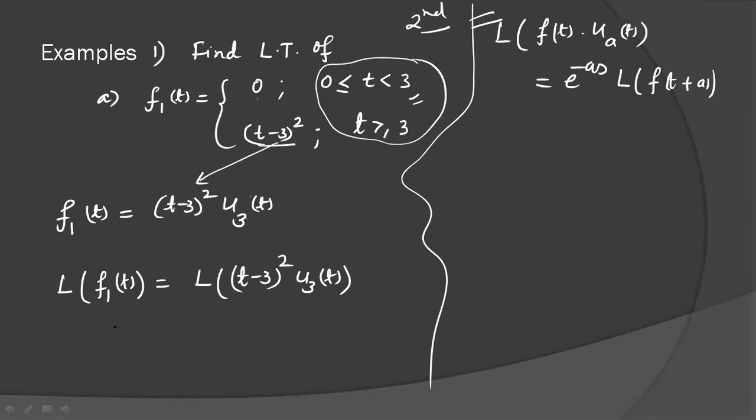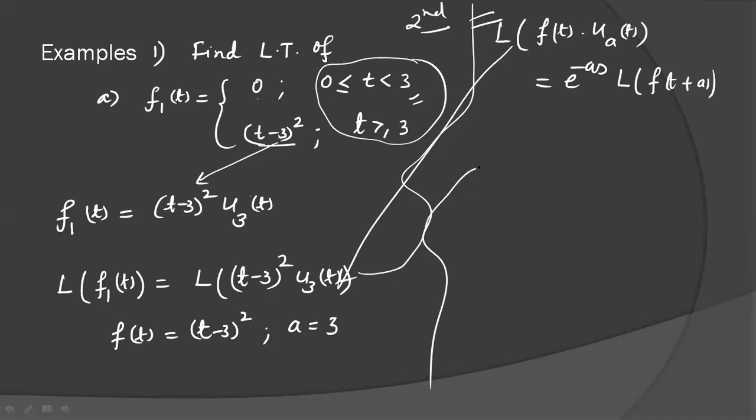Now if you compare, what is f(t)? f(t) is (t minus 3) whole square, and what is your a here? a is 3. If we compare with this function, it will be equal to e to the power minus 3s, because a is 3, and Laplace of f(t plus 3). Are you getting my point?